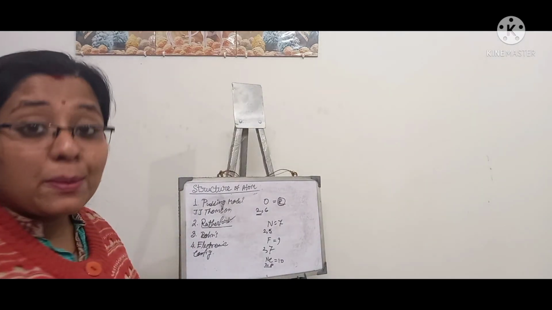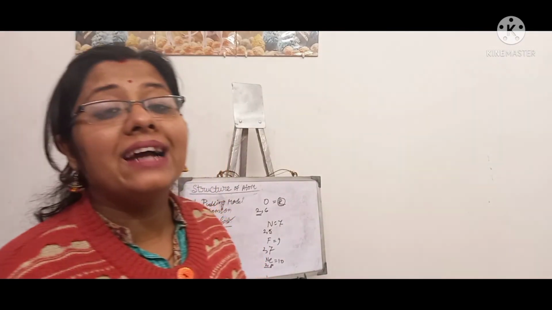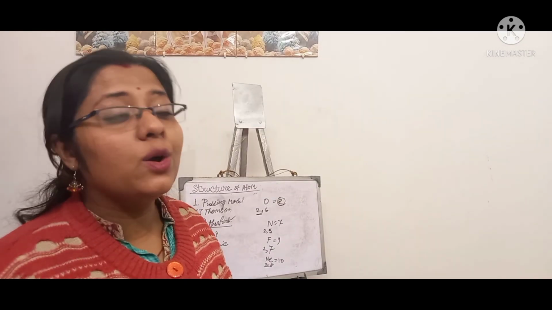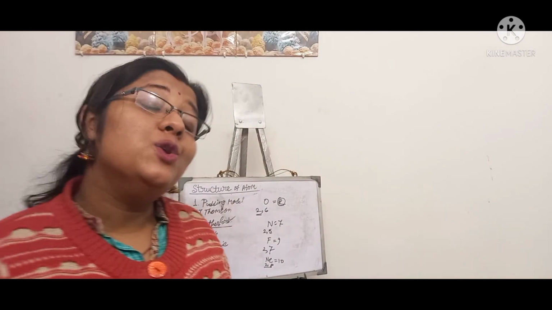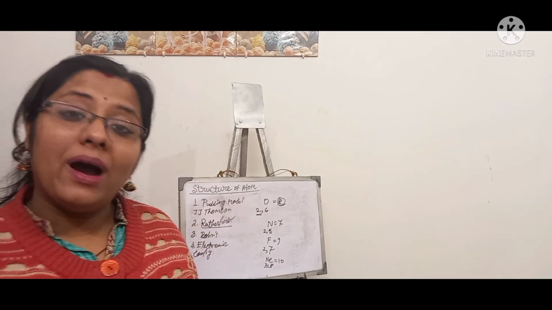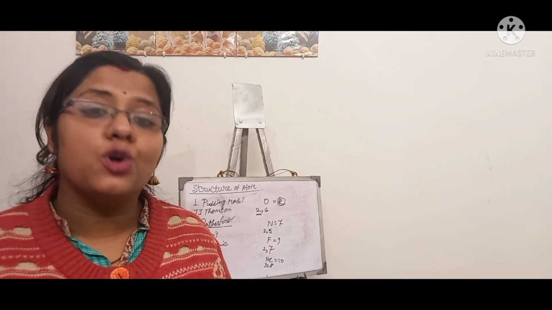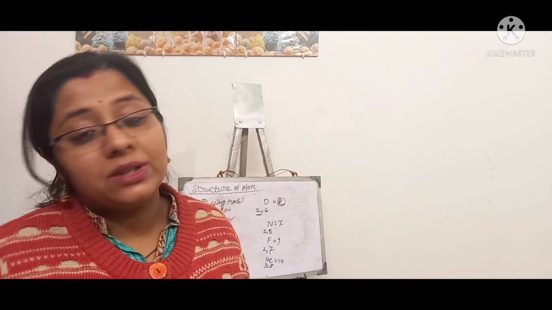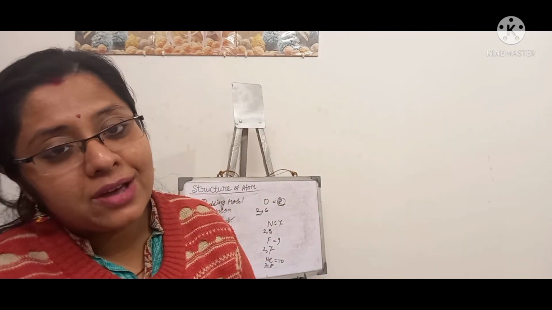Now see, this is stable, or you can say inactive. Noble gases, helium, neon, argon, xenon, krypton, they all are noble gases. They are inactive. Why? Because in their outermost orbit, they have 8 electrons filled. So they are stable, they are inactive, and the rest of the elements do not have 8 electrons in their outermost orbit.